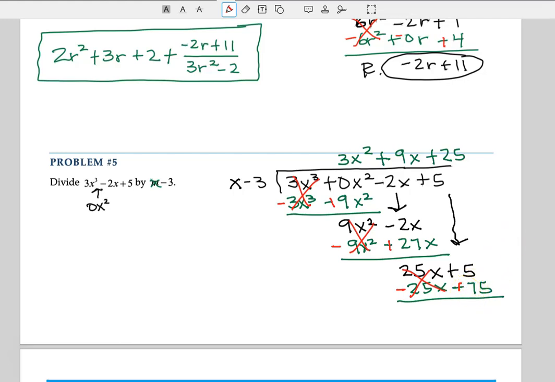All right, so what am I left with for my remainder? 80. All right, so my final answer on this is going to be 3x squared plus 9x plus 25 plus 80 over what?